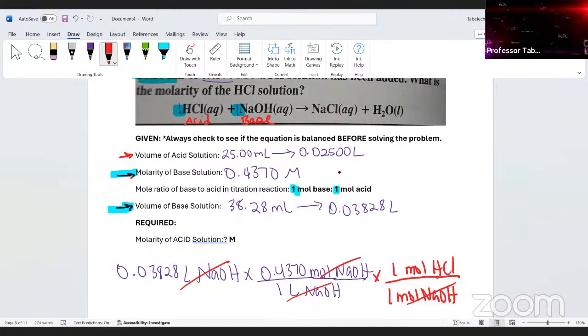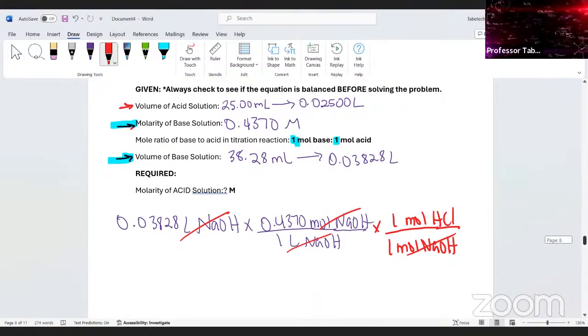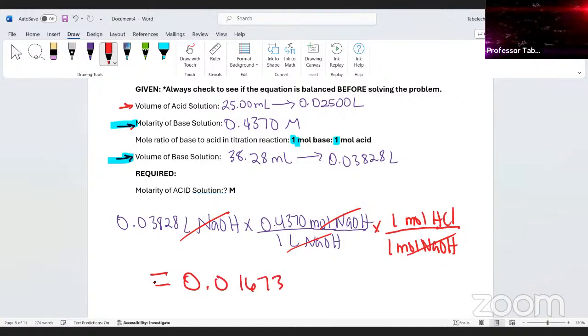We only need 4 of those numbers, so I'm going to write 0.01673. So that's equal to 0.01673 moles of HCl.